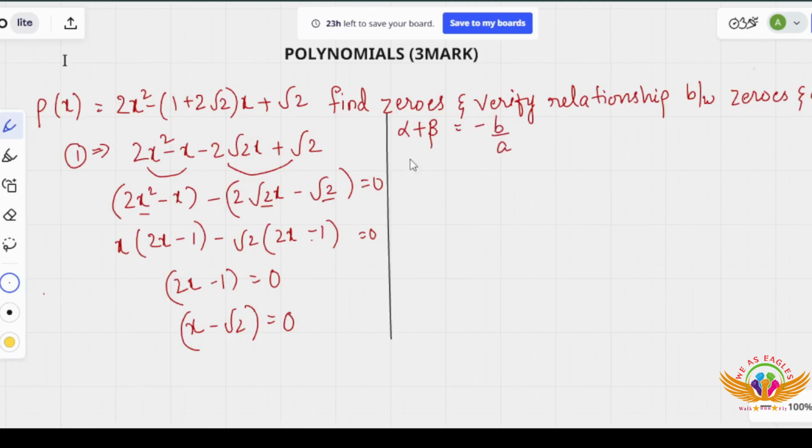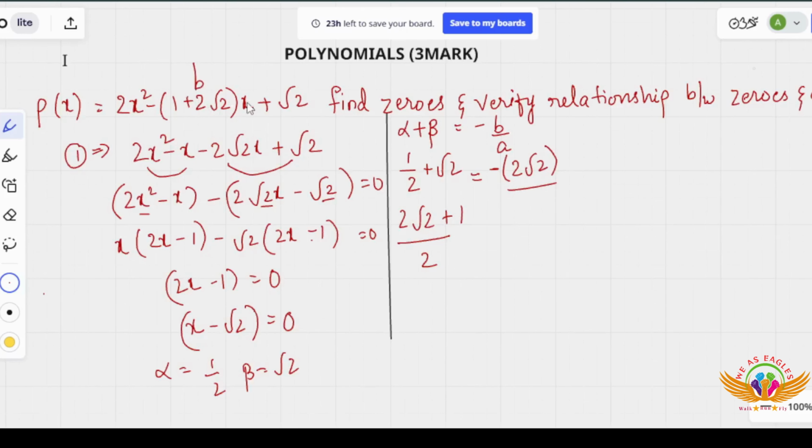First, let us solve the left hand side. Alpha is 1/2 and beta we got as √2, so √2 plus 1/2 is our LHS. Let us see what RHS we are getting. Minus b, and what is the b value?